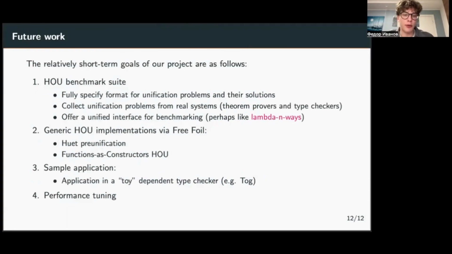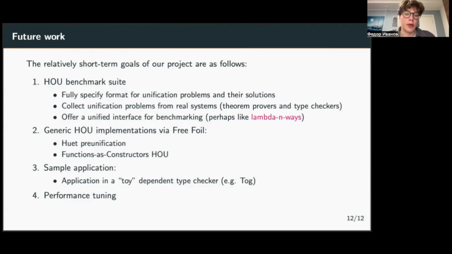Talking about our future work, first, we plan to implement a higher-order unification benchmark suite to compare unification algorithms in isolation rather than as a part of a type checker or a theorem prover. This is somewhat a tangent goal, but we think it may be useful to a larger community.